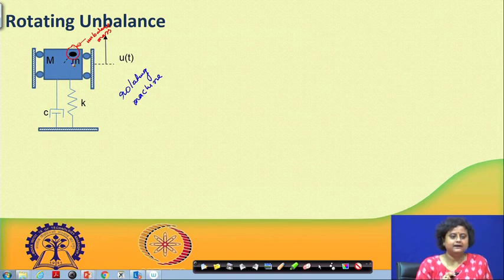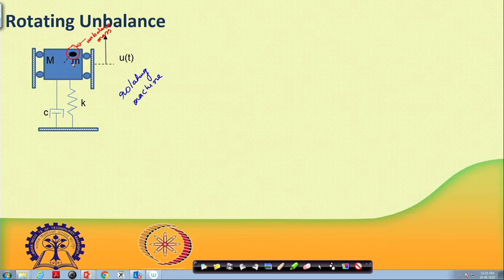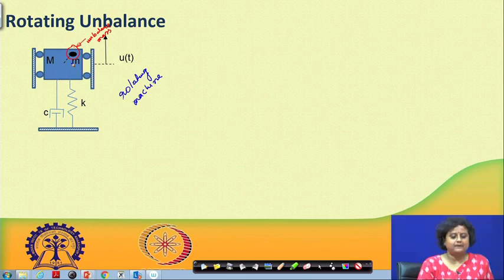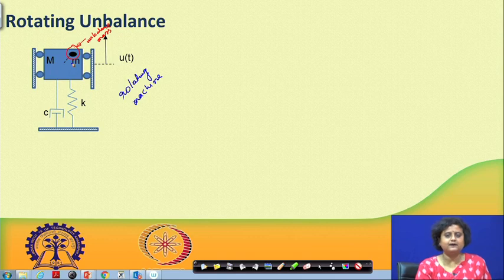Therefore, there is no vibratory load acting on the system, and the system is not going to vibrate. But because of some manufacturing error, some particle getting stuck to the blades, or some wear and tear, there could be a mass unbalance in the blades of the rotating device. This is a very common problem faced in many industrial machines.